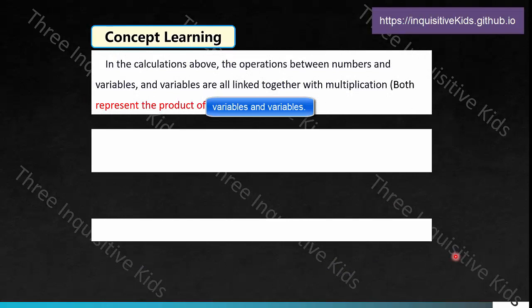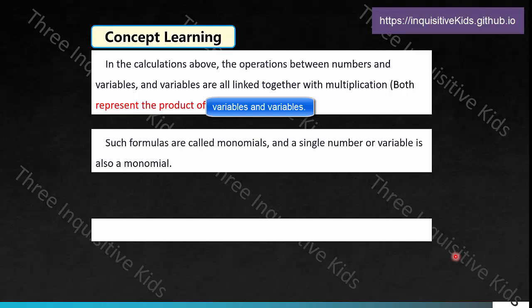In the calculations above, the operations between numbers and variables are all linked together with multiplication. Both represent the product of numbers and variables. Such formulas are called monomials, and a single number or variable is also a monomial. So make a note of that. A single number or variable is also a monomial.